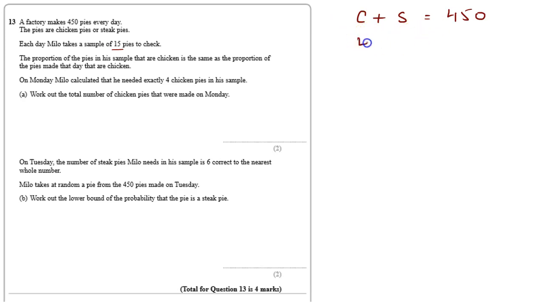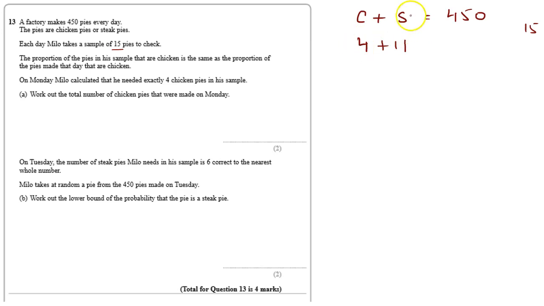So if he has taken 4 chicken pies, then because he's totally has taken 15, so he must be having 15 steak in his sample. Not 15, 11.